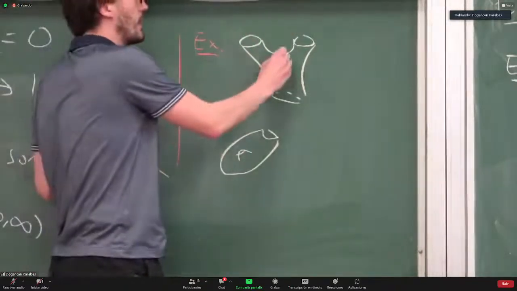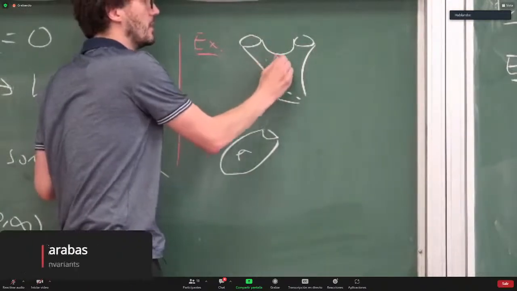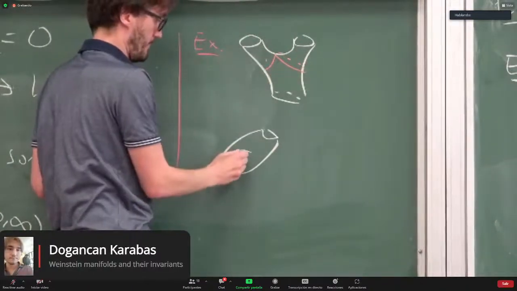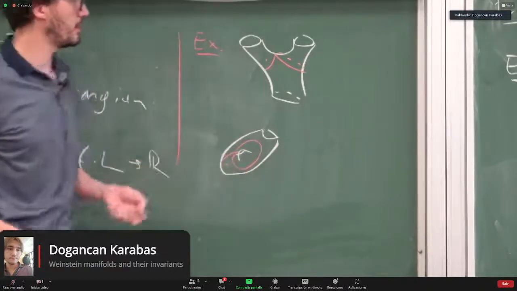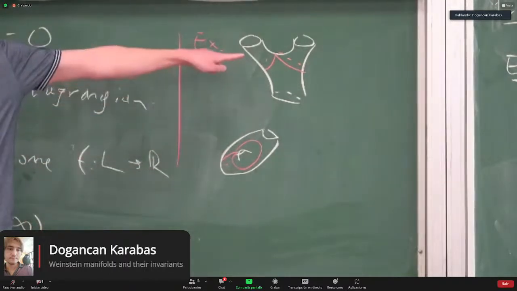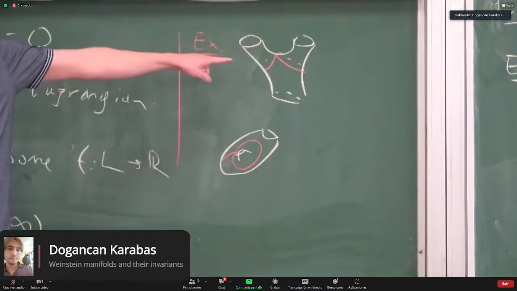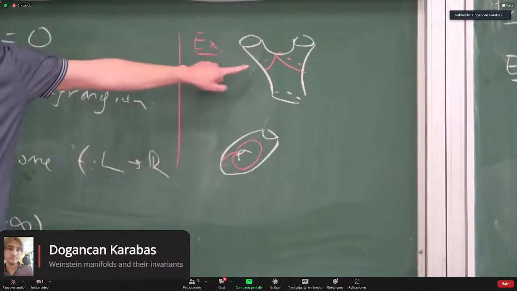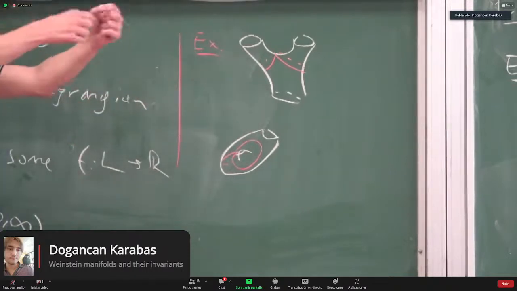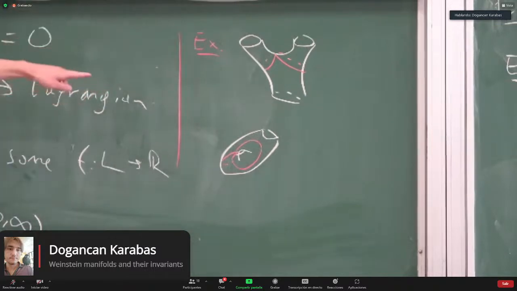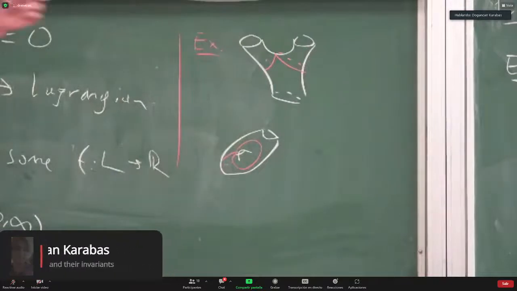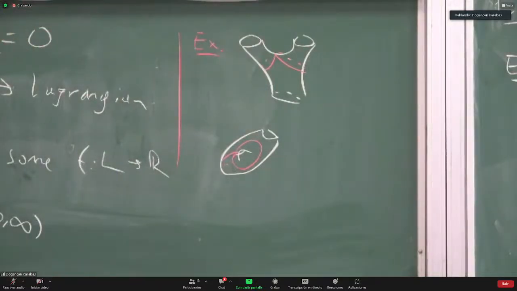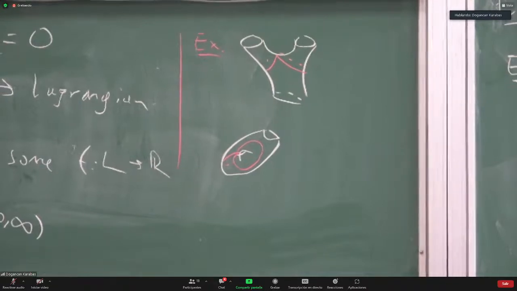I need to give you some vector field, but I can deform the Liouville vector field in such a way that I can get this skeleton for the pair of pants, these two cuffs, like an 8. Let me show you the difference. The pair of pants skeleton is like this. The punctured torus skeleton is like this.